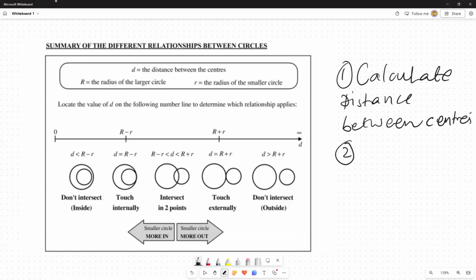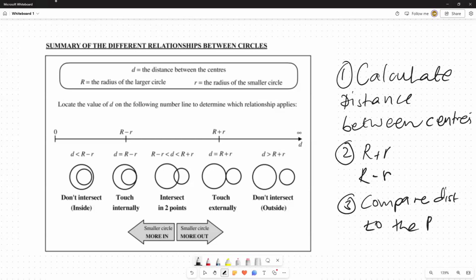And three is then to calculate the sum and the difference of the radii. Once you've done that, then you can compare the distance to see if it fits in any of these three conditions, so that you can say whether there is interaction or not. Is it external? Is it internal? Is there more than one intersection?